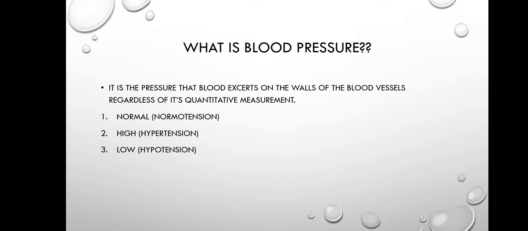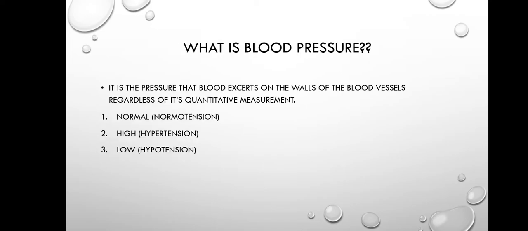Remember, levels above 140 millimeters of mercury systolic and above 90 millimeters of mercury diastolic will enter into the category of hypertension. And for hypotension, we usually have levels of less than 90 millimeters of mercury systolic and less than 60 millimeters of mercury diastolic, with some clinical features that suffice in coming up with that clinical picture of hypotension.